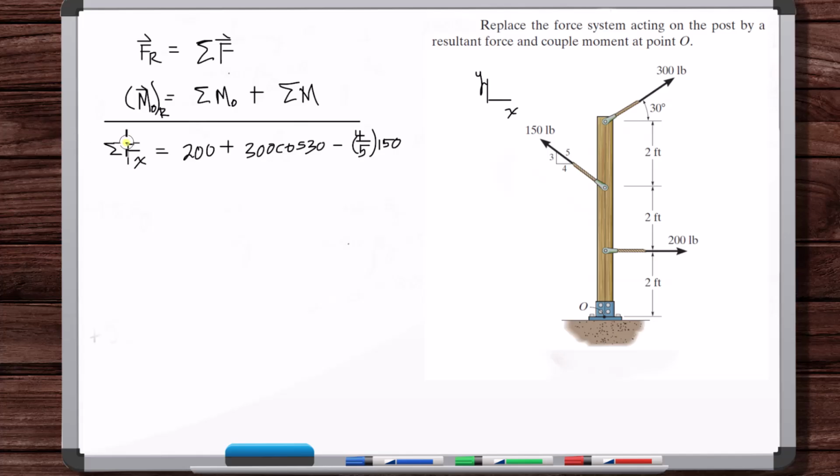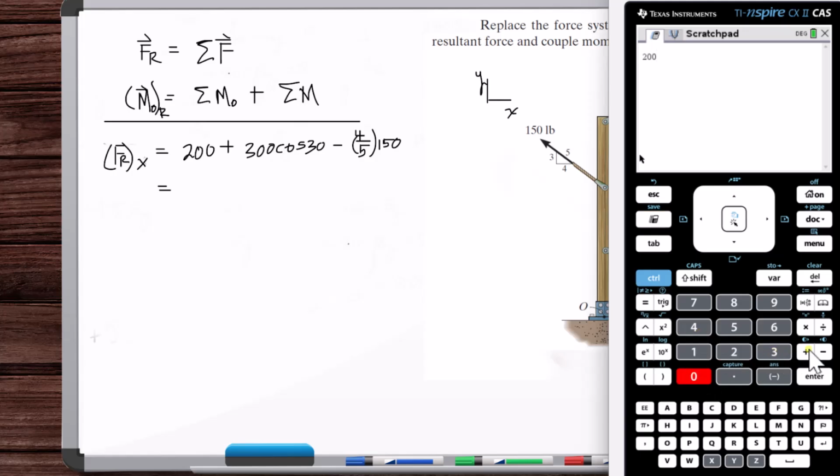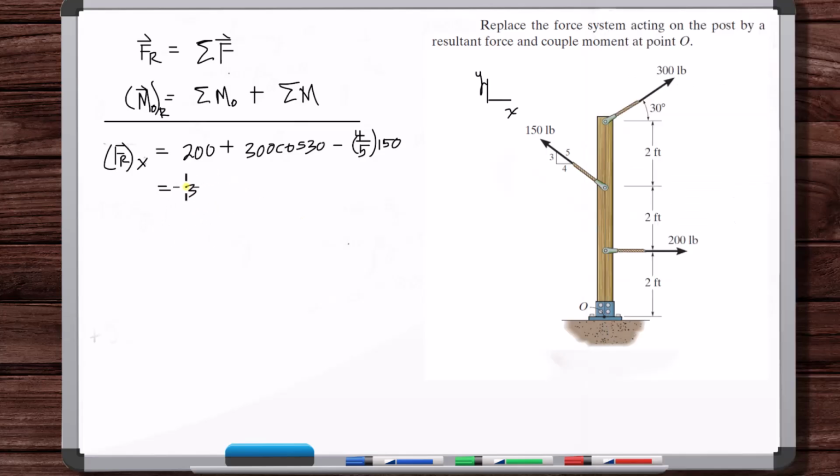And so this is going to be the resultant force in the X, F resultant X. Okay, so plus, or no, minus. Okay. 339.8 pounds.